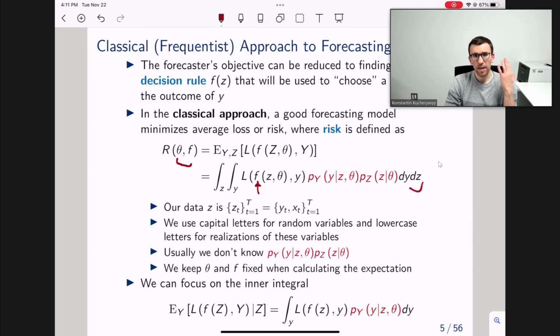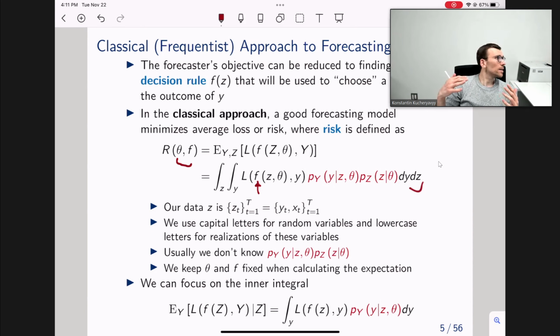What does this mean? This means that our decision rule should take our data set as an input and spit out a forecast. If we have a different realization of the data set, our decision rule doesn't change.